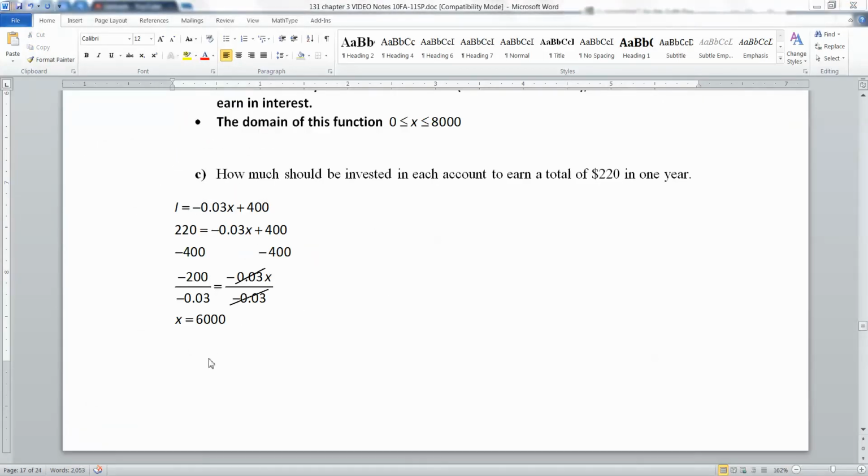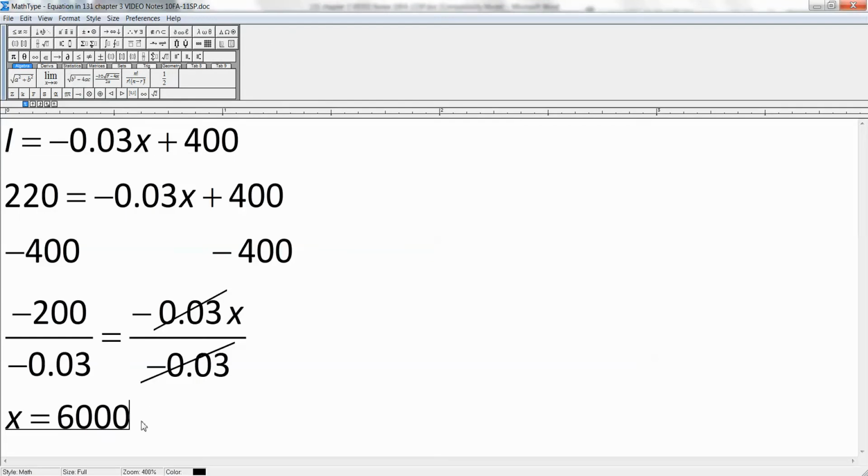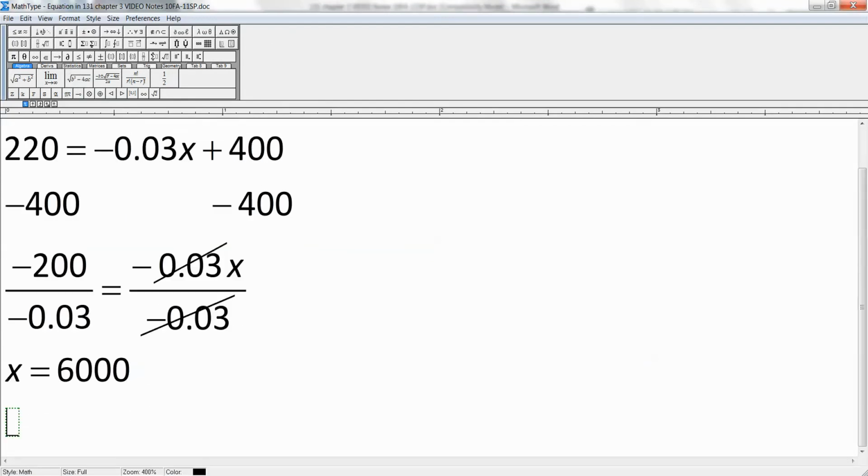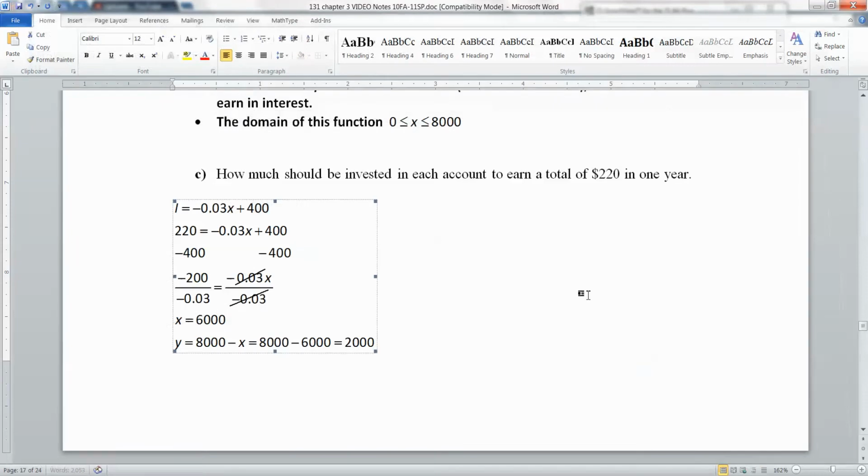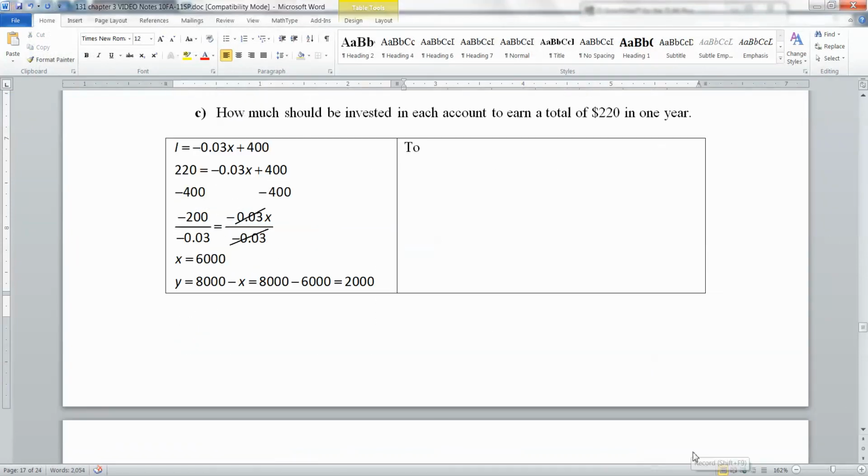Hold on. We also need to find y. Let's do that right now. Remember, we had $8,000 total, right? So y is 8,000 minus x, which is 8,000 minus 6,000, which equals 2,000. All right, so let me write out what these mean over here on the side.